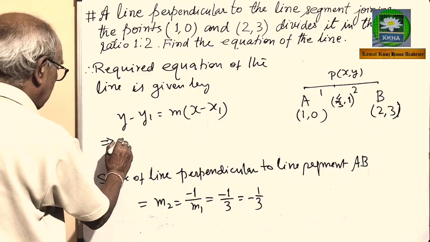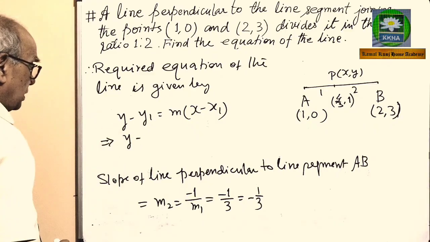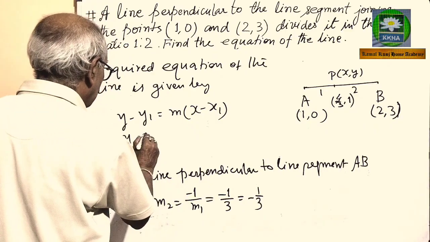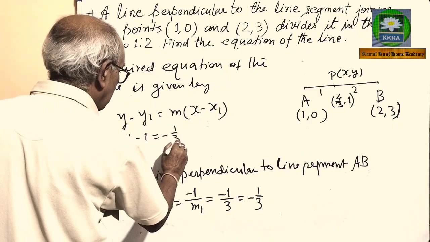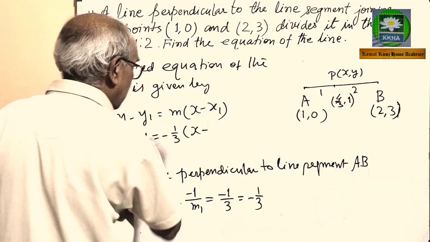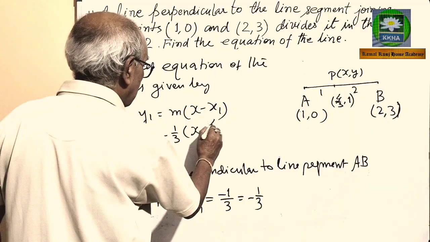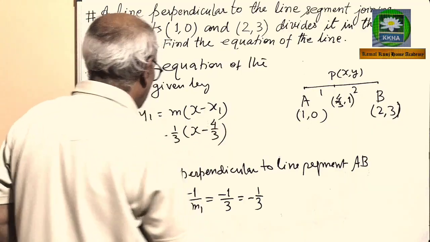This implies y minus 1 is equal to, here the slope is minus 1 upon 3, times (x minus 4 upon 3).